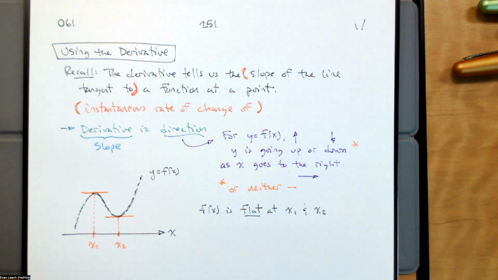So what is the slope of the tangent line at x1 and x2? What's the slope of a flat horizontal line? Zero. So since the function is flat at x1 and x2, that means the slope of the tangent line is 0 at x1 and x2.